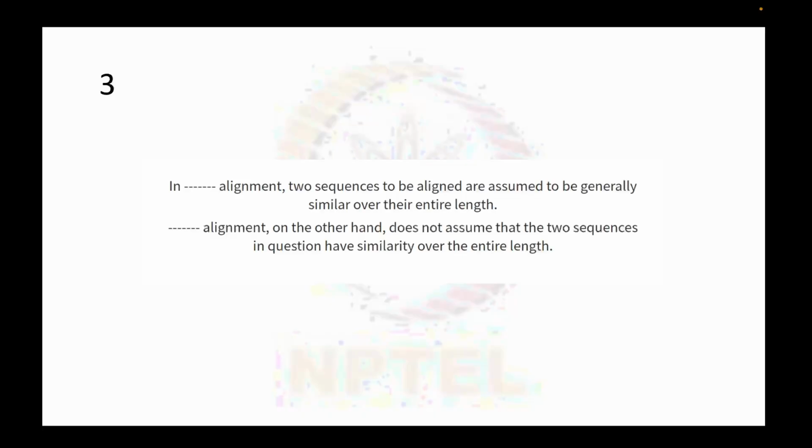So in one alignment we consider similarity over the whole length of the sequence, and in the other we do not assume that the sequences are identical over the whole length. This question asks for two answers. I'll wait for some other answers.